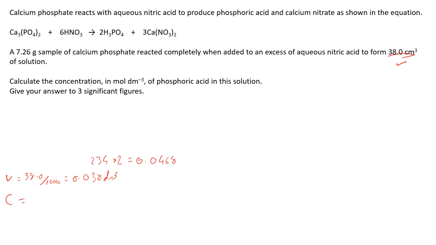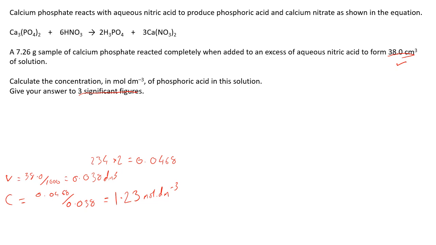So then your concentration of the phosphoric acid, which we'll call C, is going to equal number of moles, 0.0468, divided by the volume, 0.038. That will give you 1.23 moles per decimeter cubed. And we have to give it to 3 significant figures because it even says in the question to 3 significant figures. But every other number in the question is also given to 3 significant figures, so you should give your answer to 3 significant figures anyway.